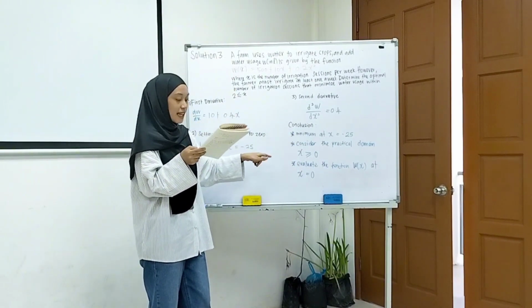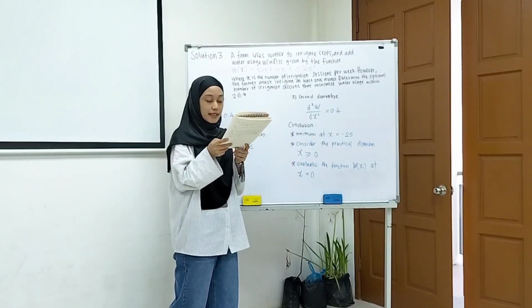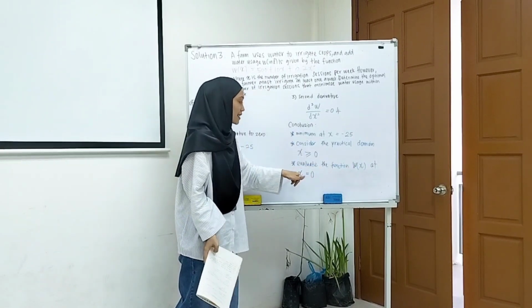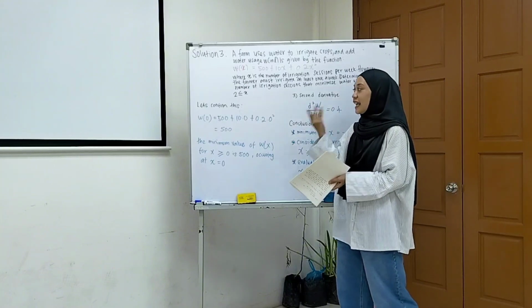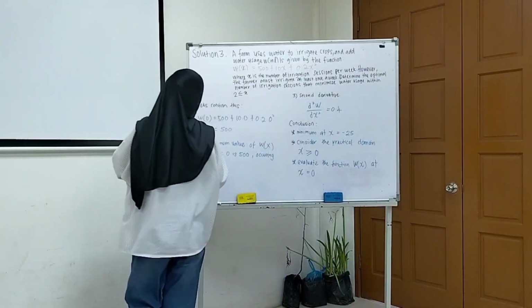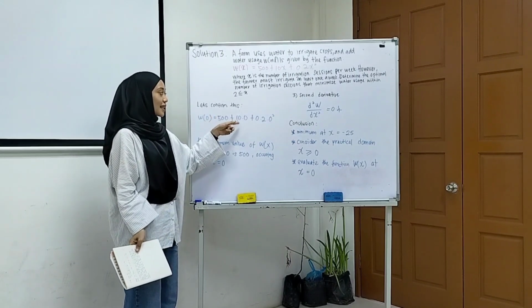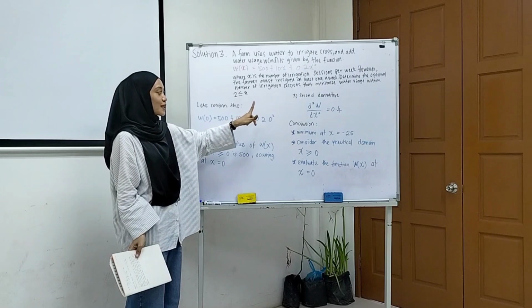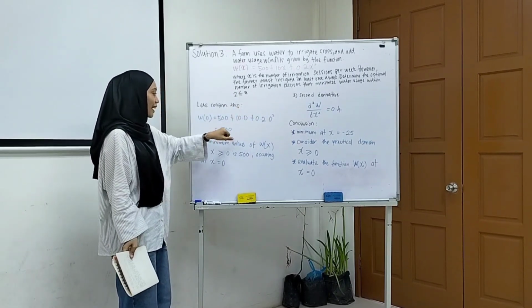Okay, within the practical domain, we must evaluate the function W(x) at x equals 0. Let's confirm this. W(0) equals 500 plus 10(0) plus 0.2(0) squared equals 500.